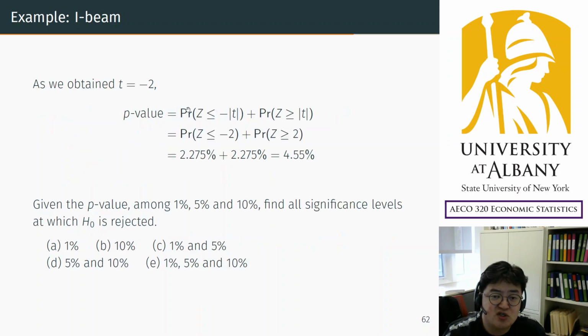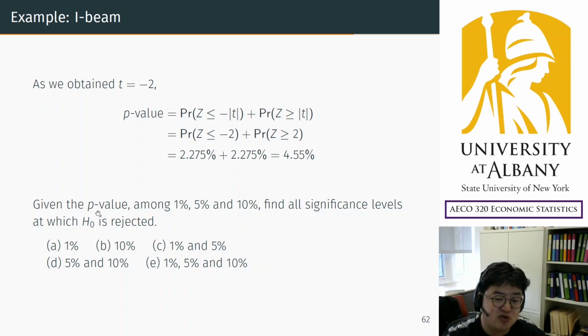So in the standard normal distribution, you calculate the probability smaller than -2 and greater than 2, and we know they are the same probabilities. So calculate only one of them and double it. It is 4.55%.